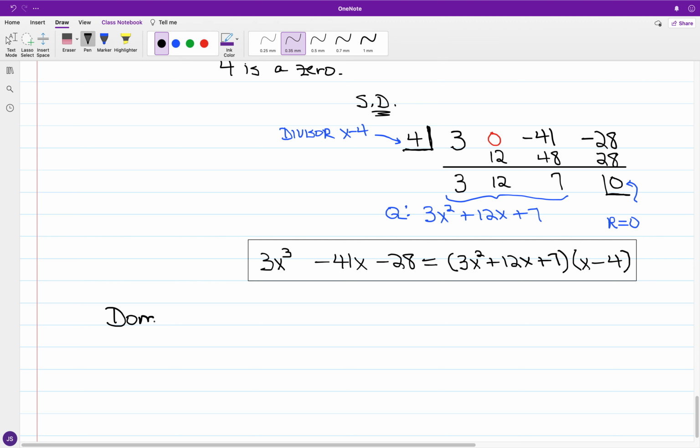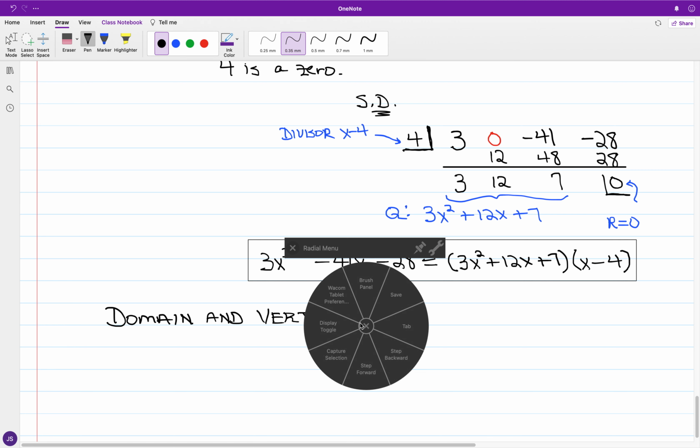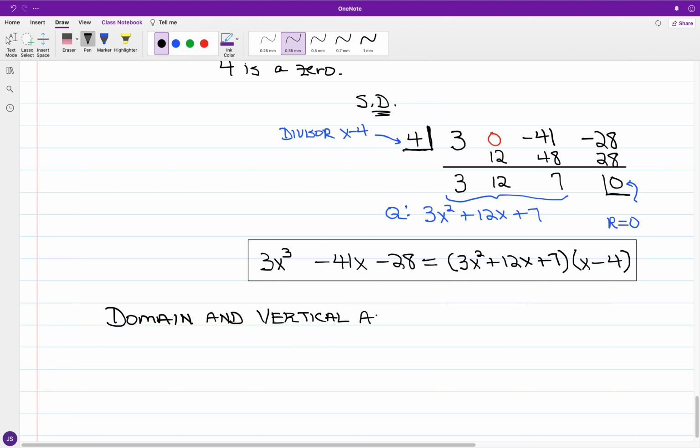So for this portion, we have domain and vertical asymptotes.